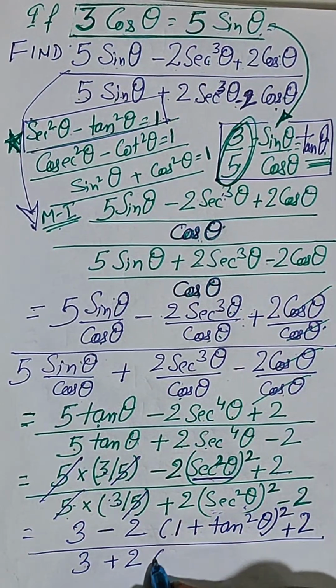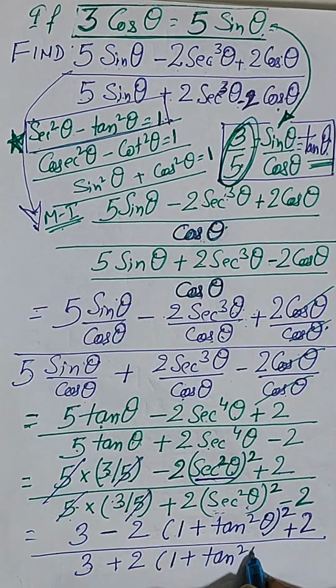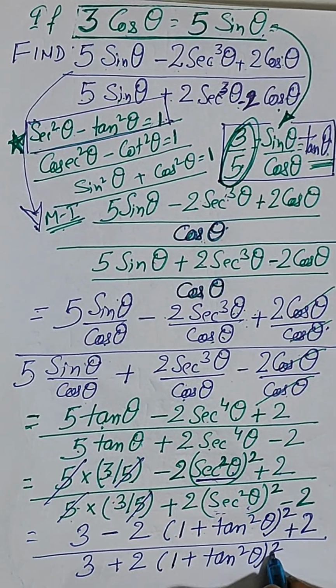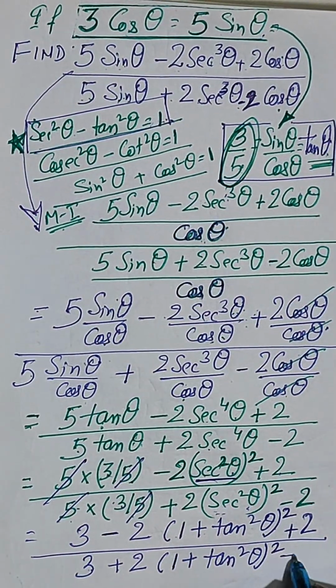So it will become 1 plus tan square theta whole square, minus 2.